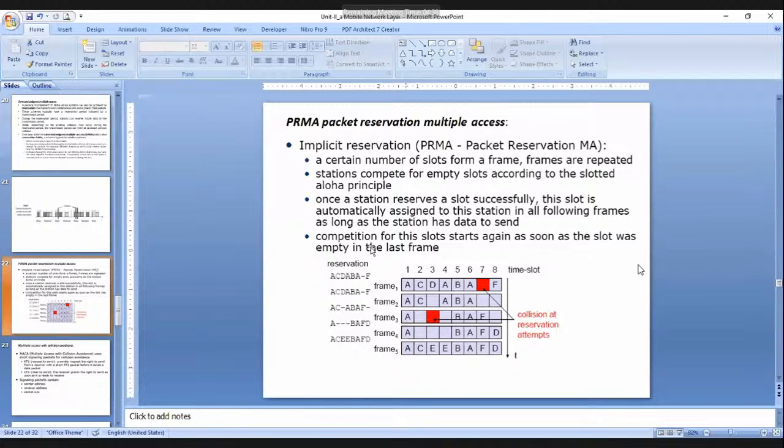So when the data has been finished and there is no chance of sending more data, that will become an empty slot. Initially some stations go for reservation, those reservation slots will be filled, and the same will be repeated for all the frames. Later, once the data is finished, that slot will become empty upon utilization.